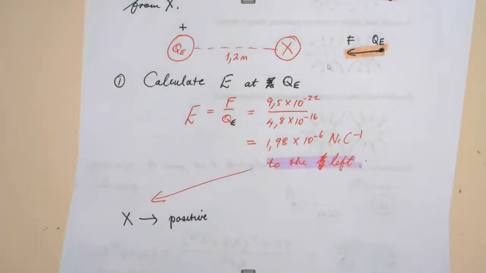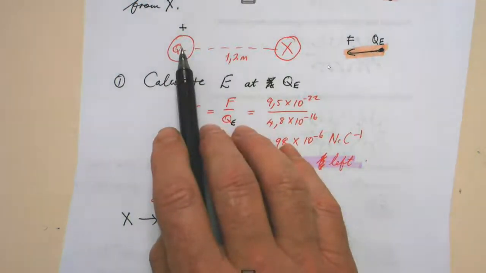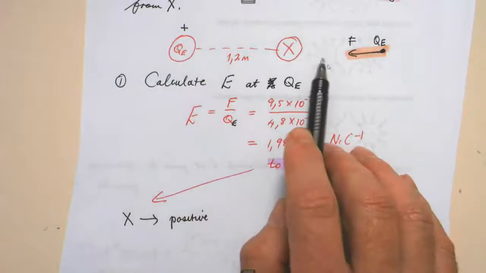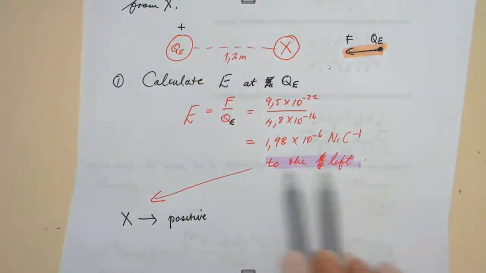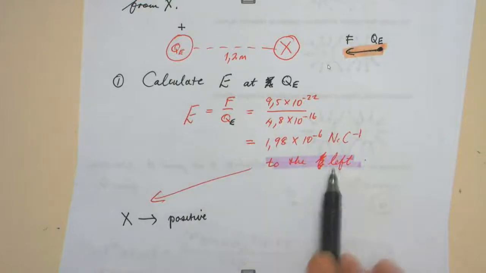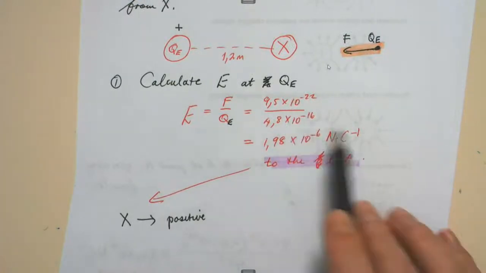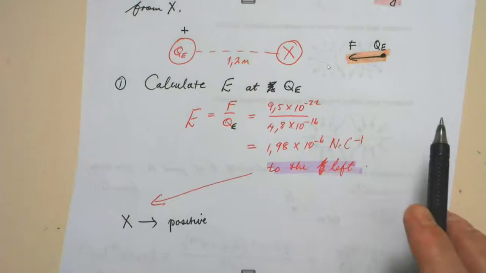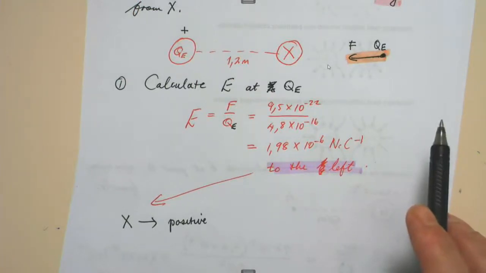Alright, so now I can ask myself, if I put a positive test charge here, where will it go? It will go away from this X, which is also positive, and that's how I determine the direction of that field with the positive test charge, knowing that it's going away. You can remember that the direction of the force and the direction of the electrical field will be in the same direction.